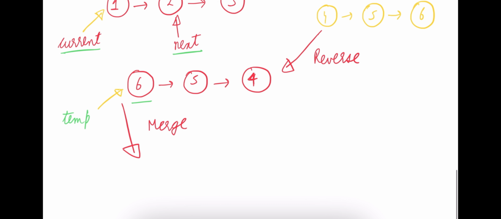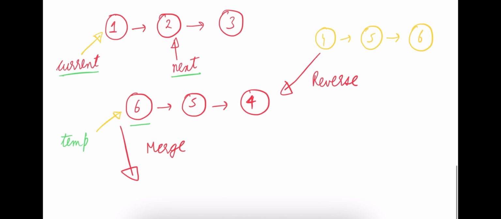So I have to do an update: current dot next is going to point to node 6, and 6 dot next is going to point to next. And before updating this pointer, we are going to need to save the reference to node 5 so that we don't lose it.